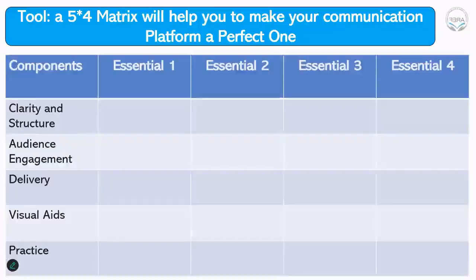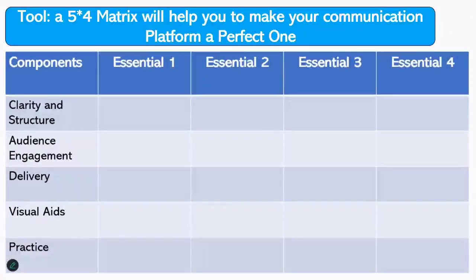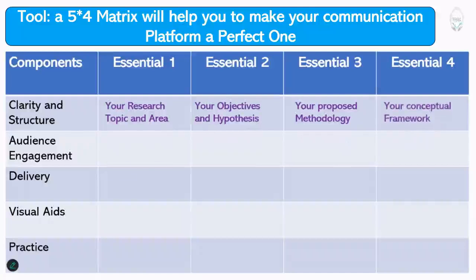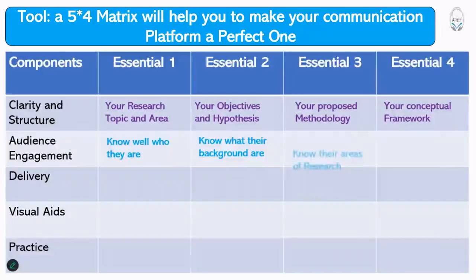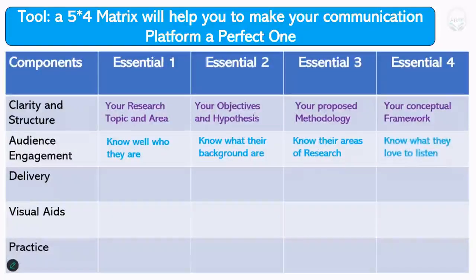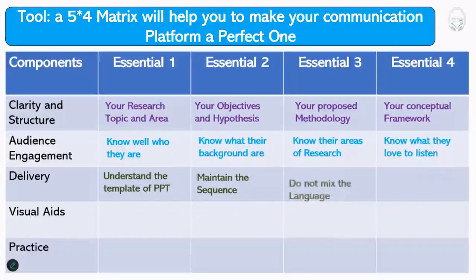Now all these things together, we have put into a very structured framework, which I call a 5 into 4 matrix for making your communication platform. Whatever we have discussed is available here. Clarity and structure, we have already discussed. Audience management, these 4 things we have discussed. Delivery, these 4 things.